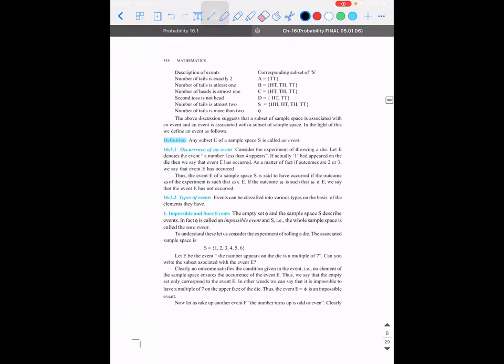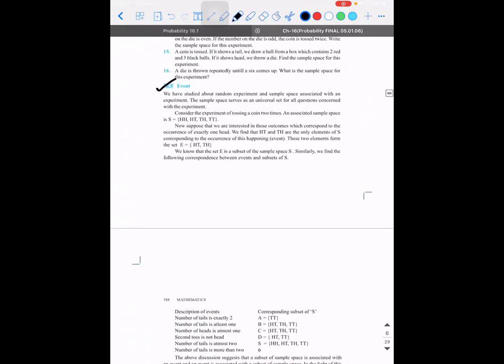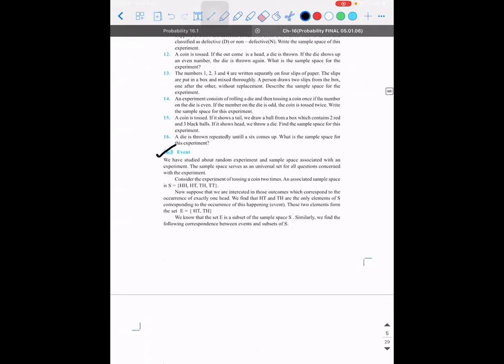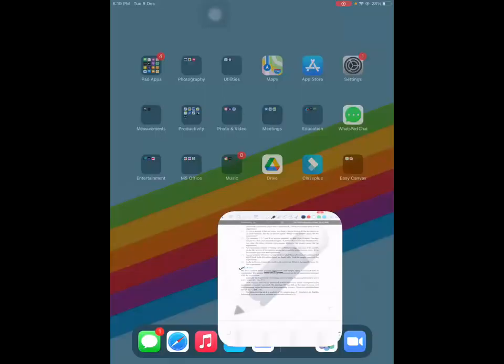So today we are going to discuss the term events. So we are going to see what an event means. Till now we saw what a random experiment means and what a sample space means.